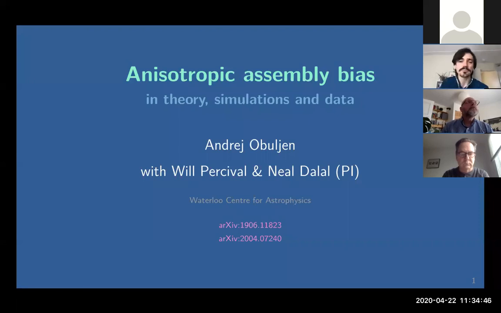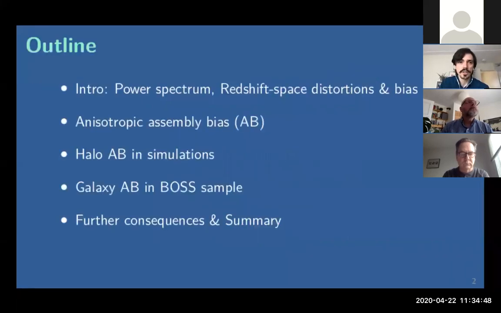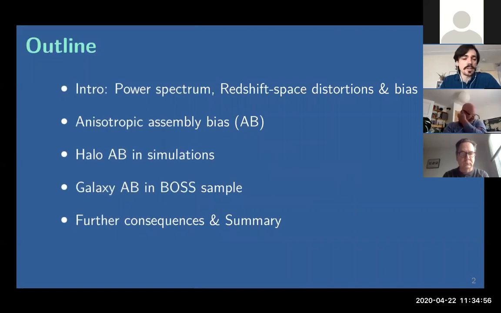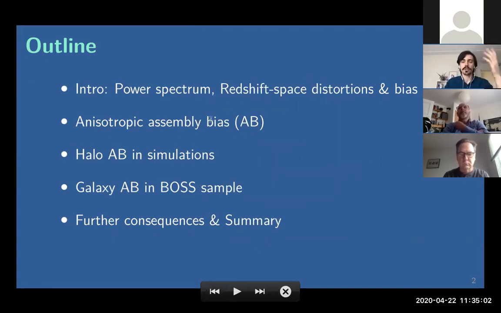So, just a brief outline of what I'm going to talk about. I'm going to start with why we do, and what we want to achieve with, large-scale structure galaxy surveys, and go through power spectrum, redshift space distortion and bias. Then I'm going to define what we mean by this anisotropic assembly bias, which we call AB.